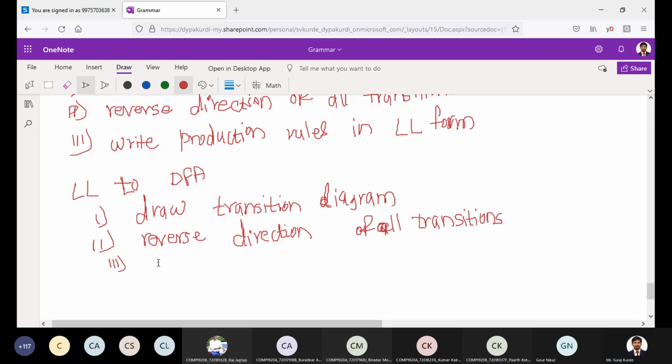Then third, interchange start and end, the start and final state.